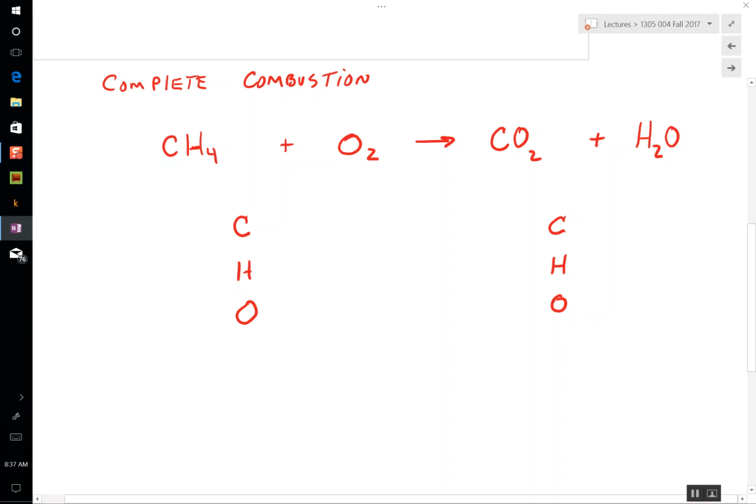Balance your carbon, then balance your hydrogen, and then finish off your oxygen. Your oxygen is sitting over here all by itself, so it can be fiddled with at the end if you get this right. So what does this mean? How many carbons am I starting with in the reactants? How many hydrogens? How many oxygens?